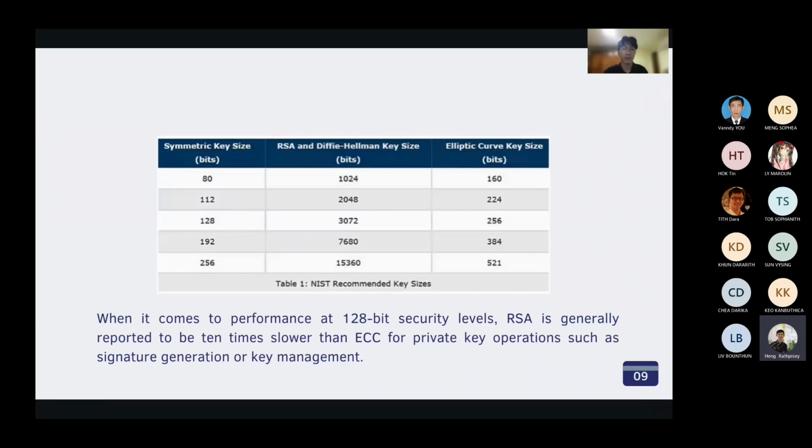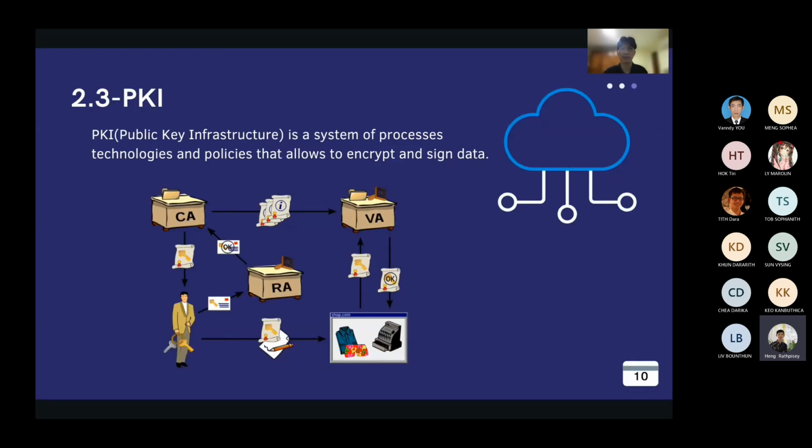When it comes to performance at 128-bit security level, RSA is generally reported to be 10 times slower than ECC for private key operations, such as signature generation for key management.